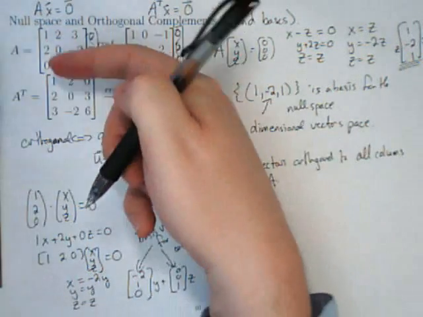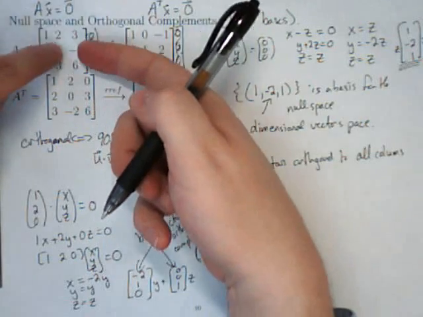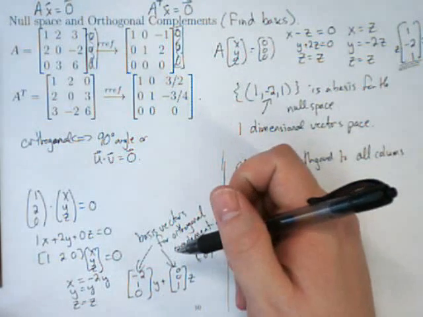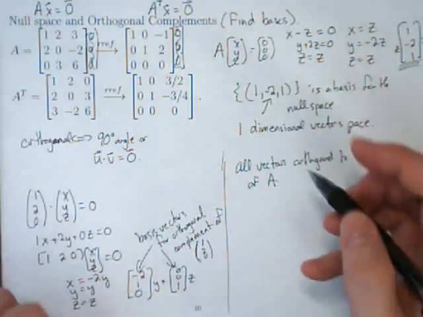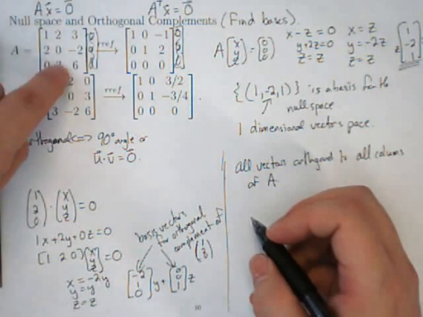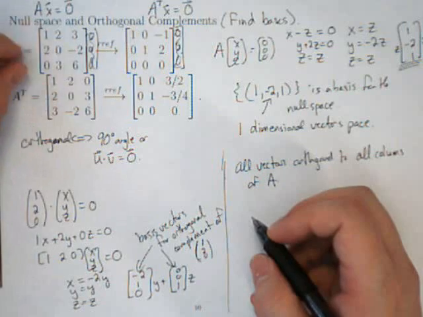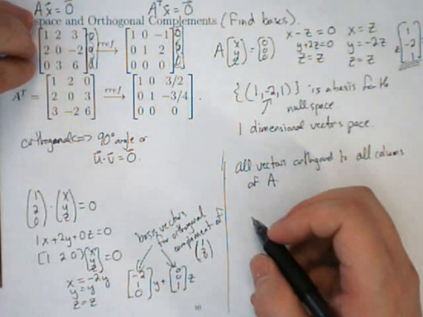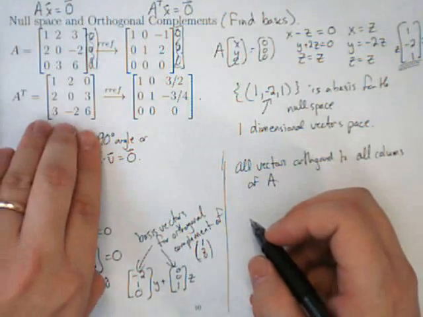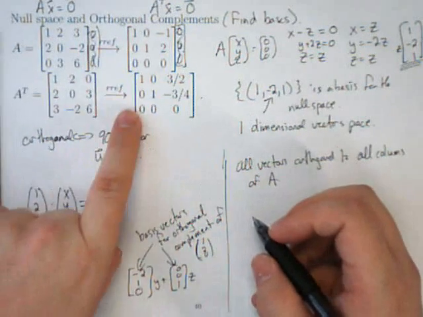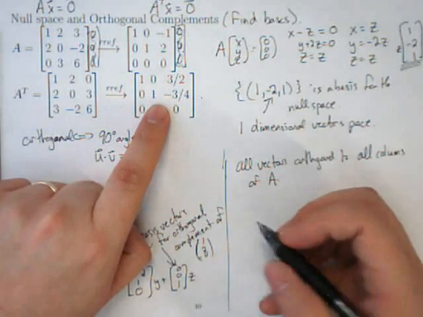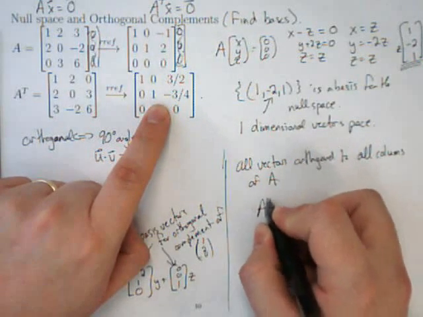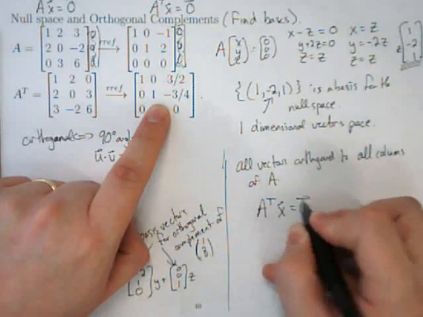Here's A. What if I want all vectors that are orthogonal to every single one of the columns? In that case, I transpose all three: I take each column and turn it on its side. Then I row reduce, and out pops this matrix. This matrix is precisely the solutions to A transpose x equals 0.